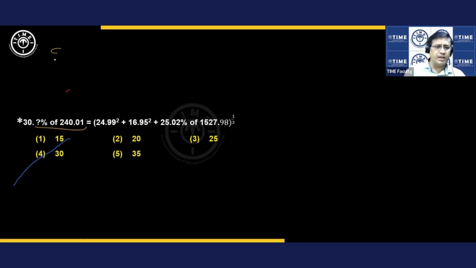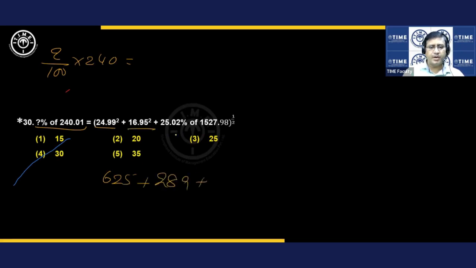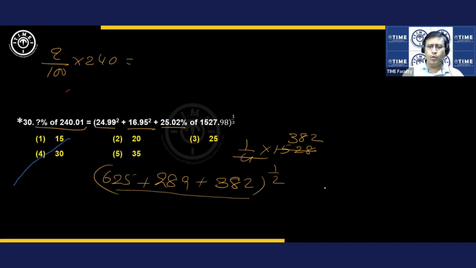Question mark percent of 240 is equal to 25 square, 625. 17 square, 289. 25% means 1/4. 1/4 of 1528. It goes exactly 382 times. Whole power 1/2. Adding all these parts, it will give 1296. 1296 is a perfect square.